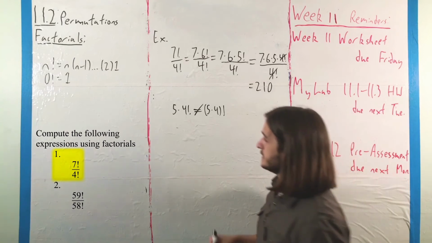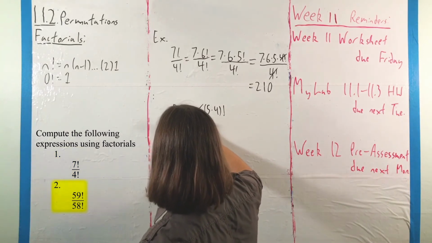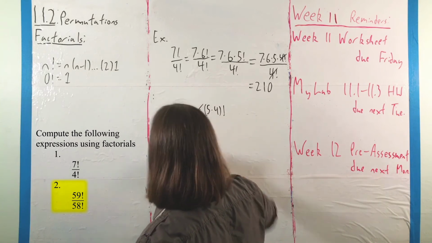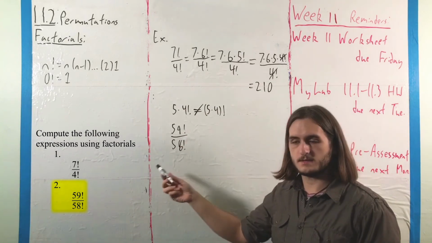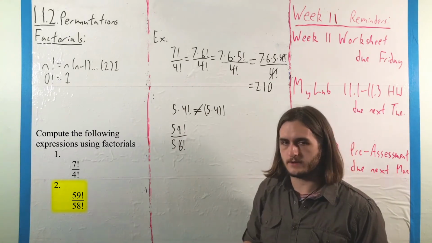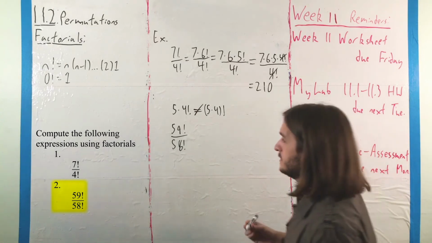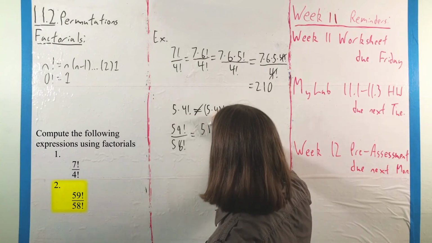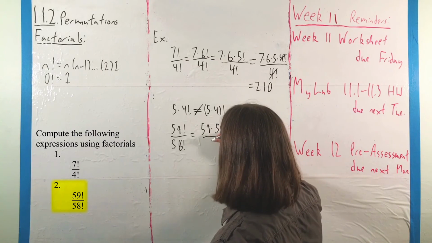Anyway, for our second case, looking at that 59 factorial over 58 factorial, you might say, oh wow, that looks terrible, because you've got to multiply 59 things and then multiply 58 of them and do a whole lot of algebra. But that pattern up there actually makes it really nice, because 59 factorial is just 59 times 58 factorial.